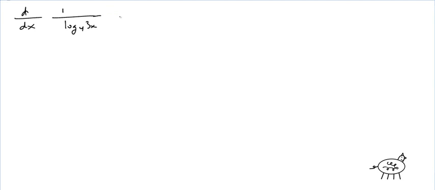Just bottom times derivative of the top, which is 0, minus the top, so minus 1 times derivative of the bottom, which is going to be 1 over 3x ln of 4, times the chain rule, right?